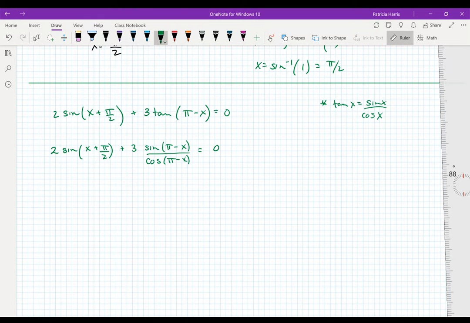Just like that. That is completely legal. It looks a little different, but we can do it. You can also keep the tangent if you'd like. So let's use my sine and cosine sum and difference to help me out. So let's see.